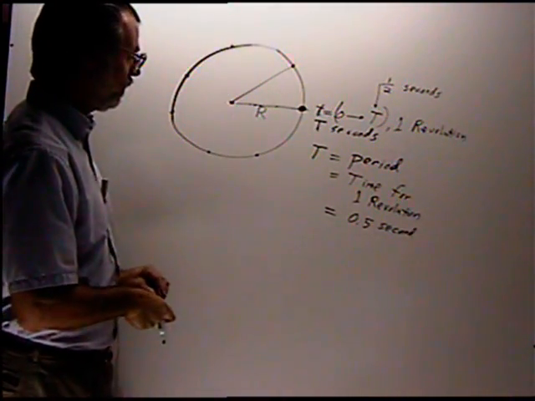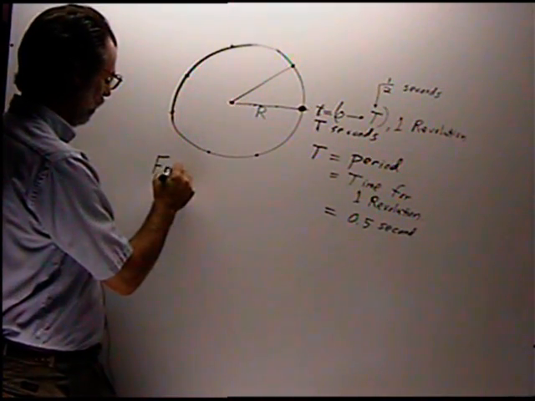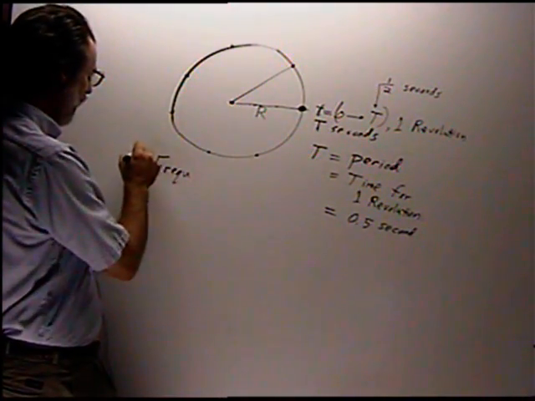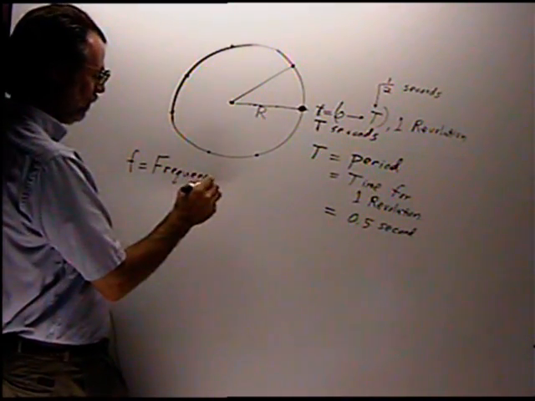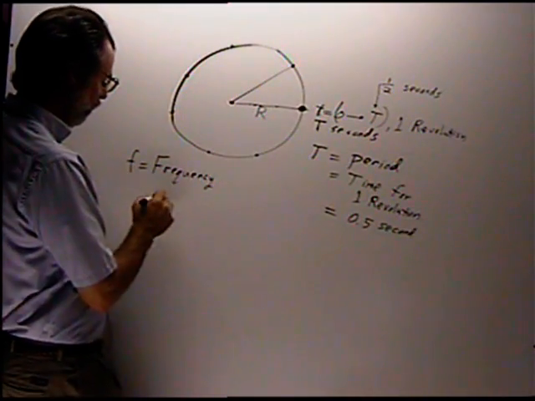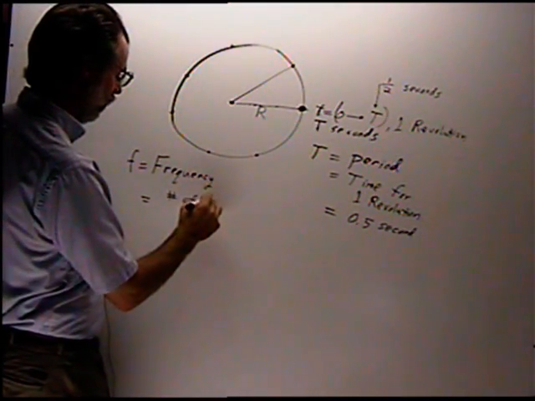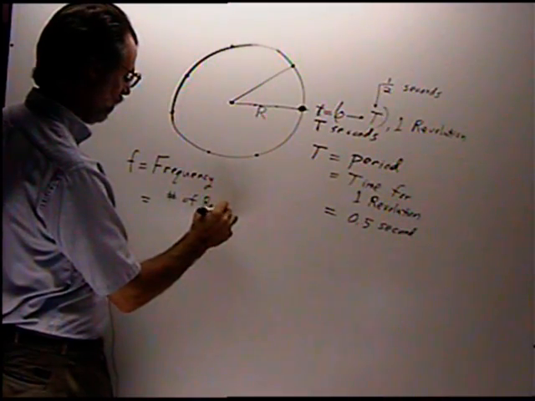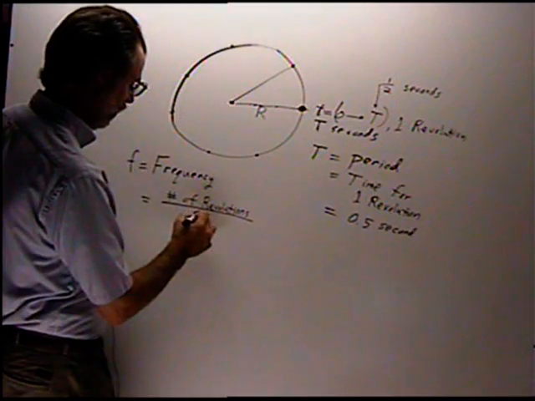We're going to define the frequency. We'll say f is defined as the frequency, and the frequency is the number of revolutions per second.